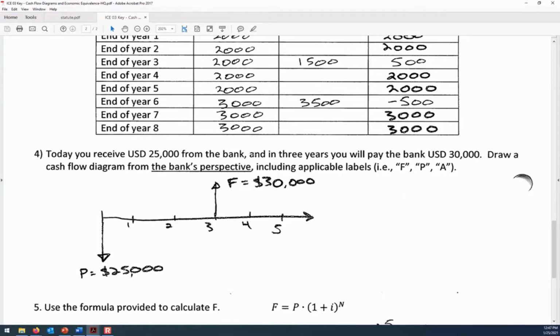But then the other thing is here, and you'll get a lot more experience learning how to interpret these problem statements. This language really does mean it's a lump sum in 3 years. Now, it could have been made even more plain. I could have said, and at the end of 3 years, you will pay the bank a lump sum of $30,000.